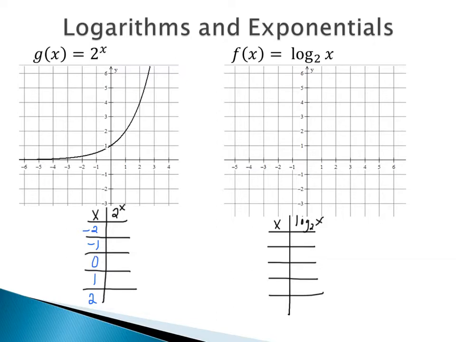So 2 to the -2 would be rewritten as 1 over 2 squared, which is 1/4. Next, I would evaluate at x equals -1, so you would have 2 to the -1. Again, that negative exponent means we would rewrite it as 1 over 2 to the first, which would just be 1/2.